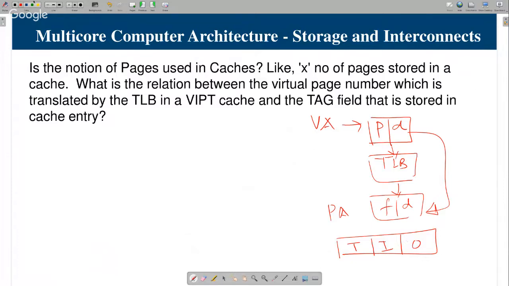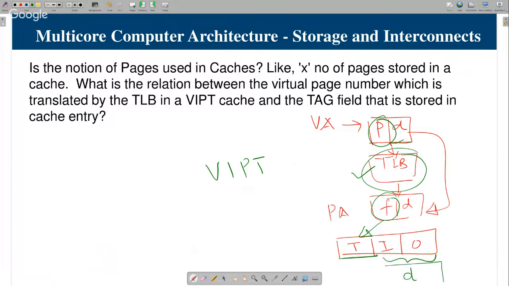Here we have to understand that you have a page number. This page number is translated by the TLB, and you get the frame number. Mostly your tag entry is a portion of the frame number. Once you get the physical address, the most significant bits of the physical address are your tag. So in a virtually indexed physically tagged cache, you are not waiting for the translation. With whatever offset is available, because normally the index and offset portion will be completely contained in the page offset, you can perform indexing prior to translation.